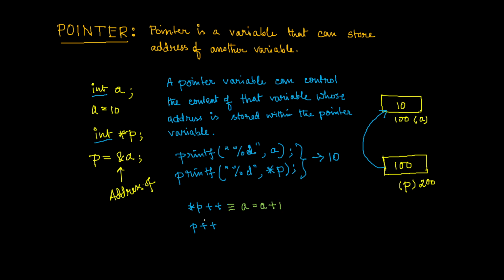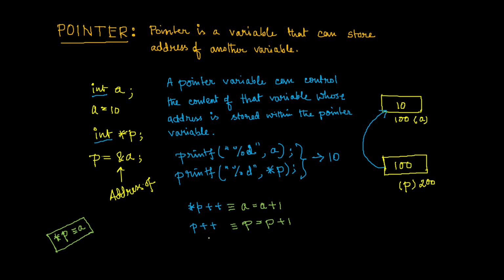You are increasing the content of A because pointer P means A. So pointer P and A are equivalent, because P is a pointer variable and the address of A is present within this variable P. And this other one is equivalent to P equal to P plus 1. It's not A equal to A plus 1.